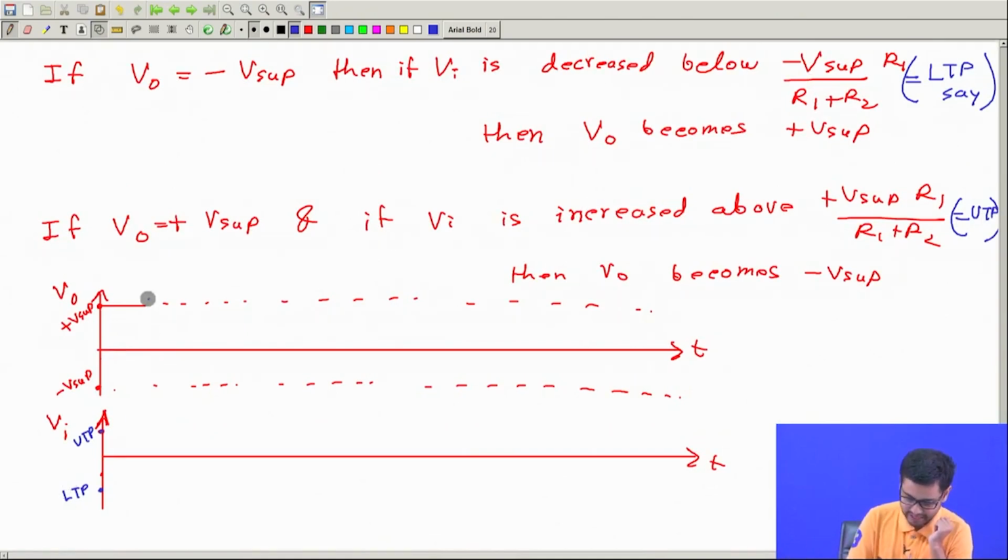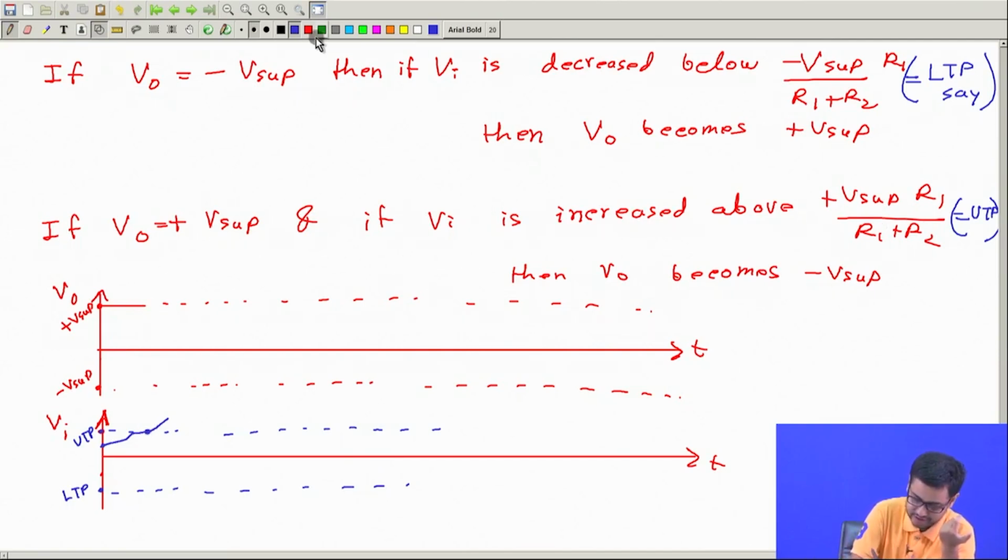Now you see that if the output is positive and if you increase Vi above UTP, say if you increase Vi from some initial value, we don't know what is the initial value, so maybe here, and cross this point, then the output will become negative.